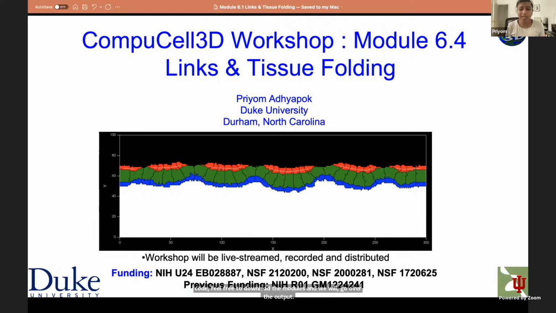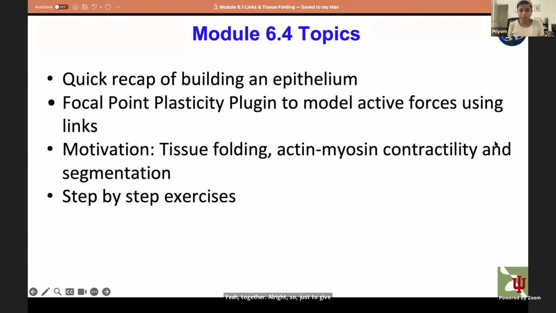All right, so just to give you a sense of what we'd be covering in this module. We're going to quickly recap building an epithelium. Julio has already shown you how to use compartmentalized cells to represent different parts of an epithelial cell body.